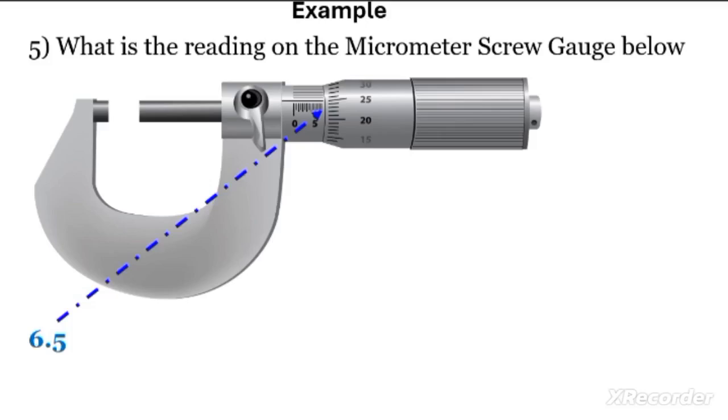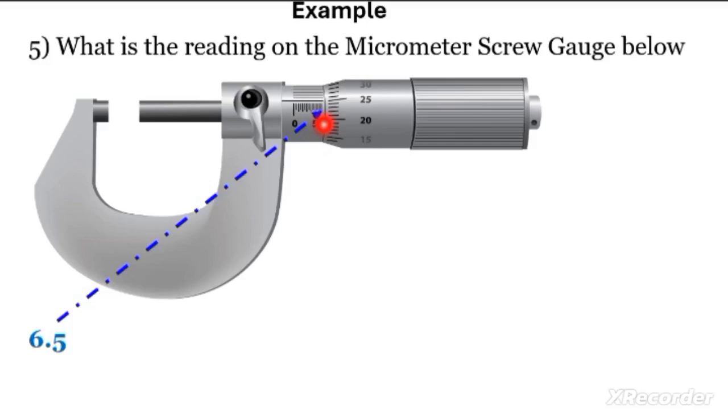If you pay attention to the readings or marks given on the sleeve scale, you are going to discover that this is 6.5 millimeters. From there, we are also going to identify the mark that aligns with the horizontal line from the main scale, or from the sleeve scale.